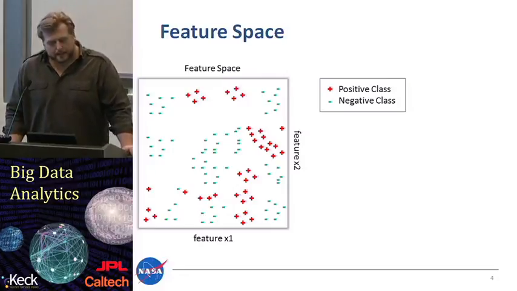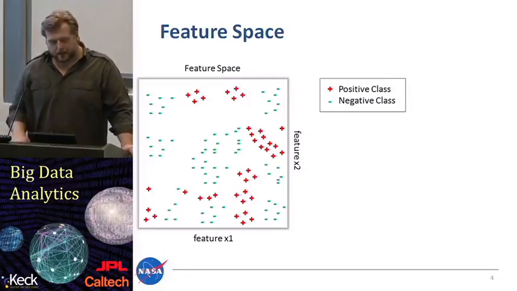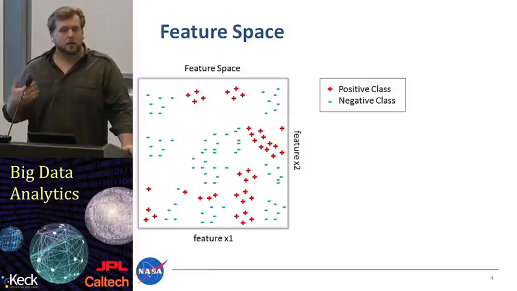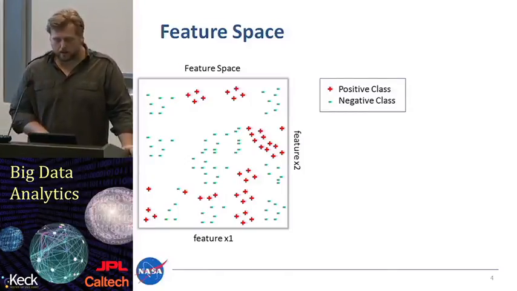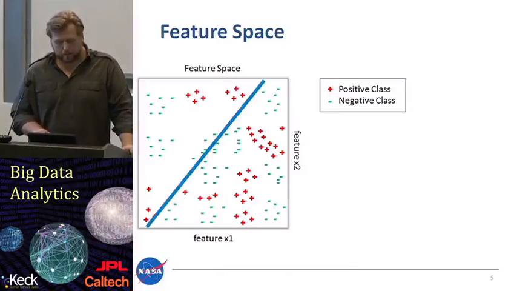And what you can see is that in the feature space, the two classes are very mixed. And if you want to now train a classifier to differentiate these two classes, it's not entirely trivial.